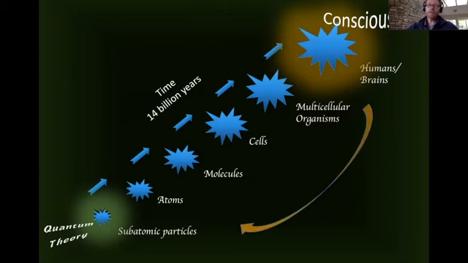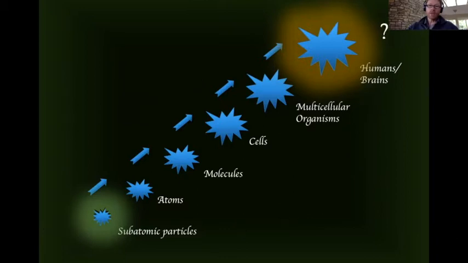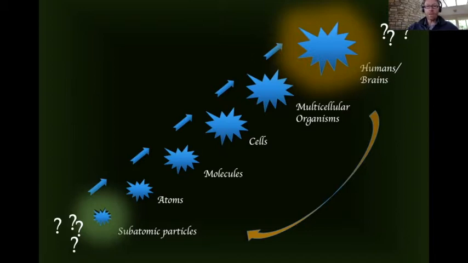And then there's this kind of mystery that occurs. Consciousness has a mystery to it. So does quantum theory, because we don't know how to interpret it. And then there's this mysterious connection between consciousness and what goes on with the subatomic particles.